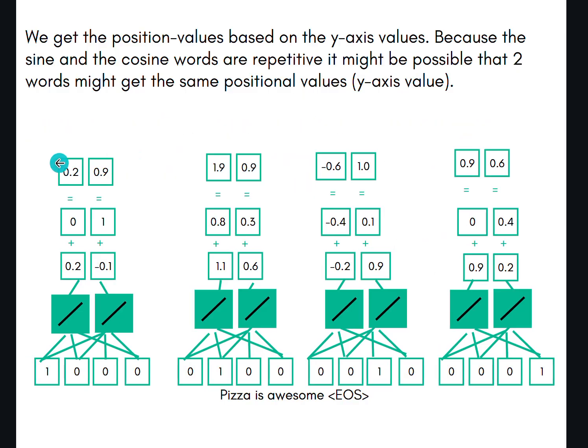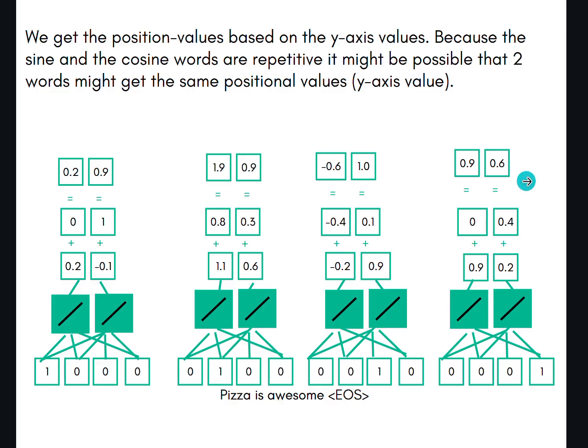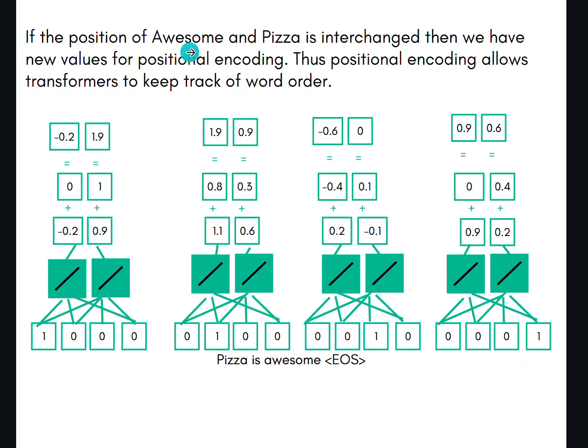Okay, so now we add these up. So 0.20, that's my word embedding 1 for this word 1, and word embedding 2 for this word 1, right? So these are the values that we end up with. If the positions of "awesome" and "pizza" are interchanged, then we have new values for positional encoding.